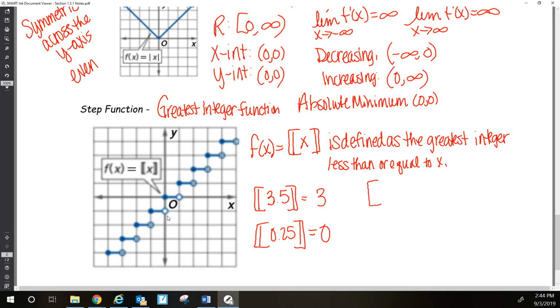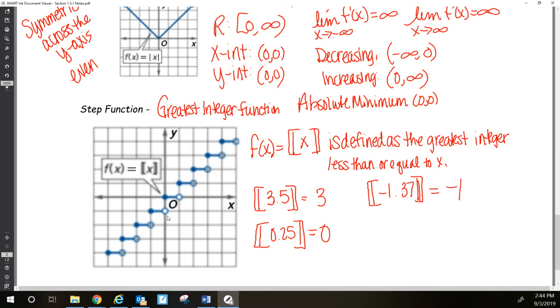What is the biggest integer less than negative 1.37, why not? This is where it gets tricky. What's the biggest integer less than negative 1.37? That would be negative 1. Mind blown, right?